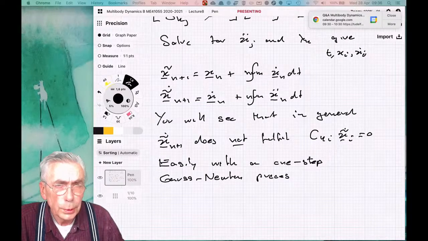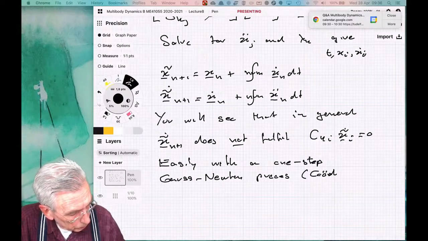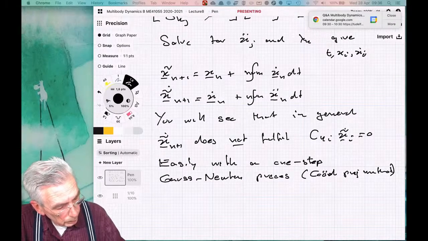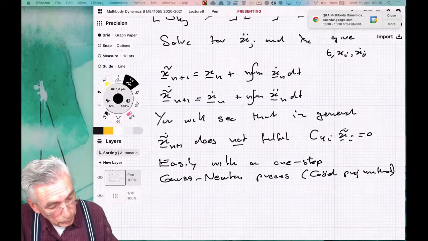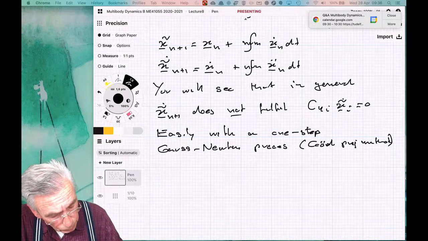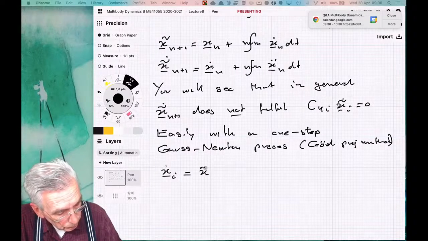Think of the coordinate projection method, from chapter 15. Okay, how does that go? Let me write the algorithm again. You assume that the real, correct position is the approximate one plus a small increment, delta x.